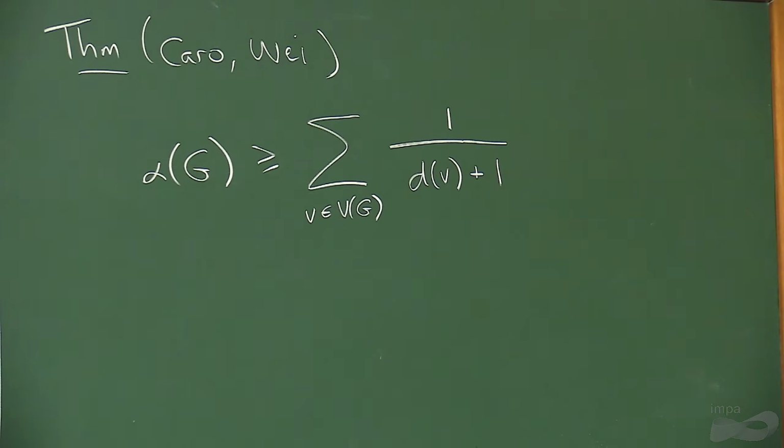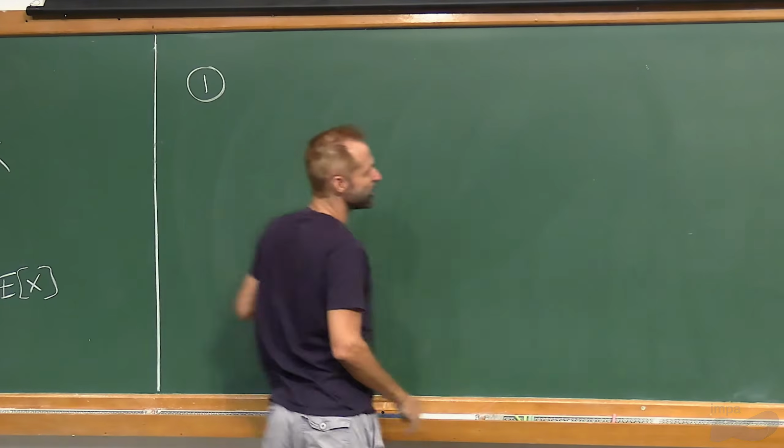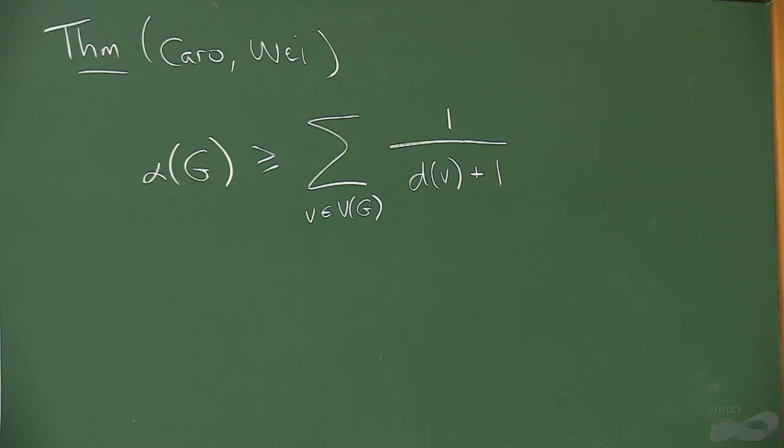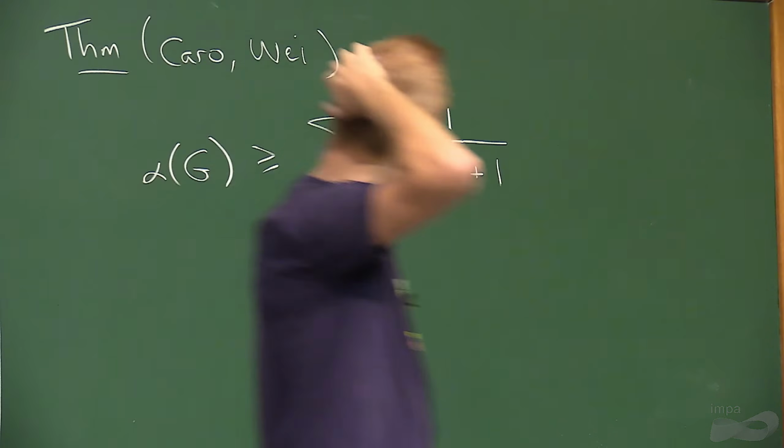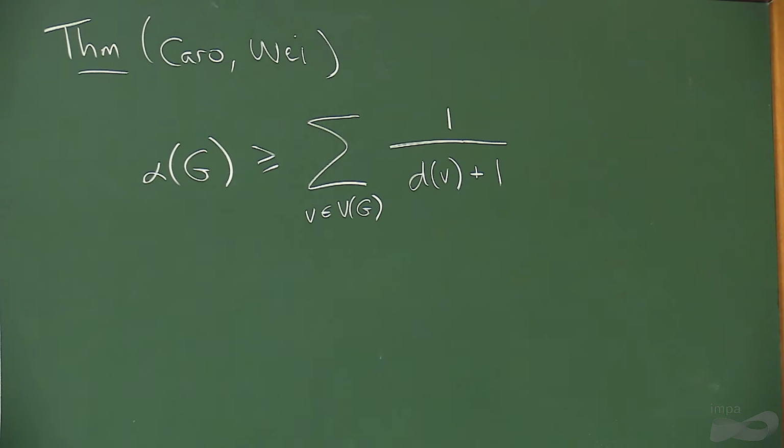Okay, let's follow our recipe. What is our random object going to be? What can we choose randomly?